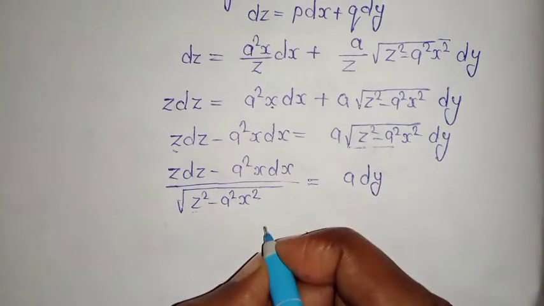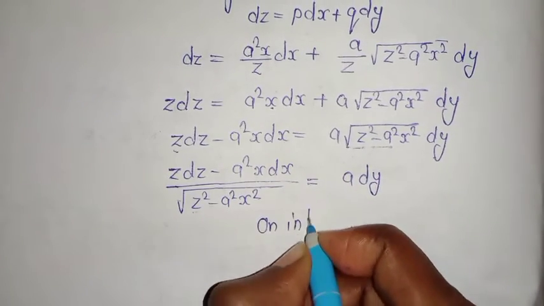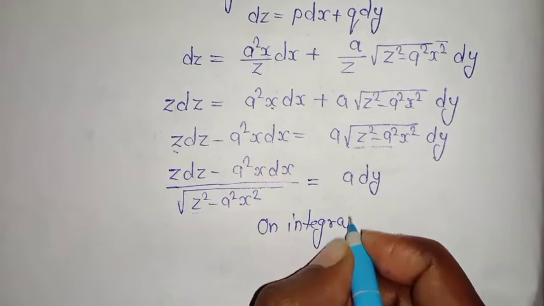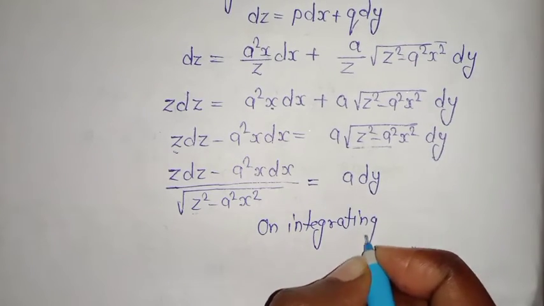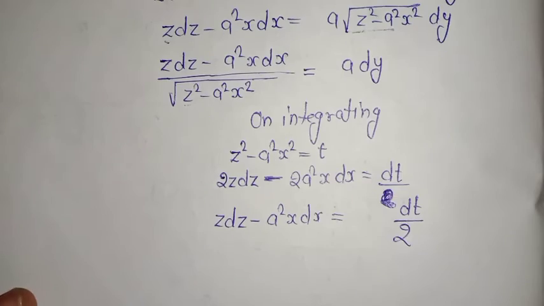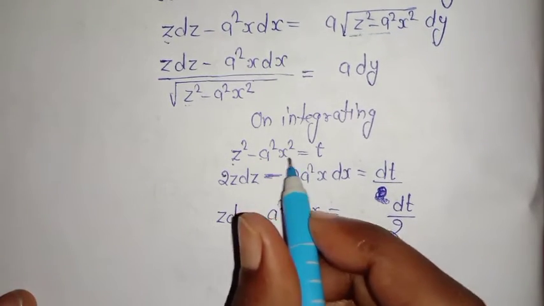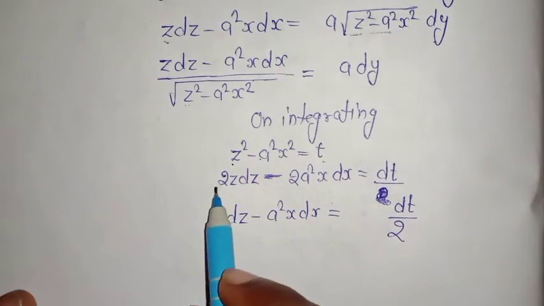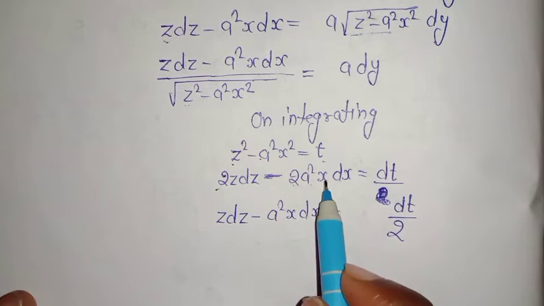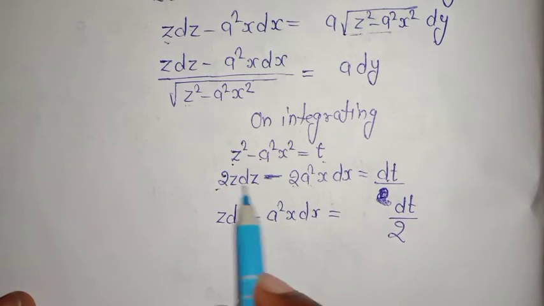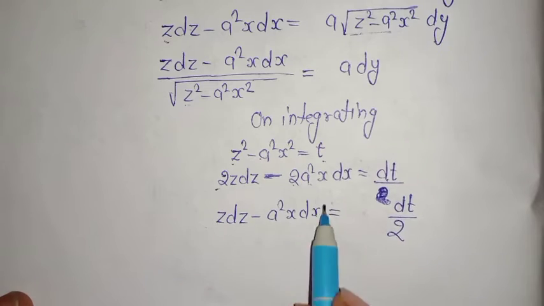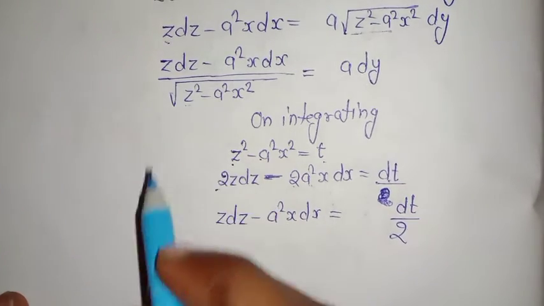So after integrating, what do we get? We just substitute z square minus a square x square as t, then the differentiation becomes 2z dz minus 2a square x dx is equal to dt, and if I take 2 at this side, the value of this term becomes dt by 2. So now I am going to put it.